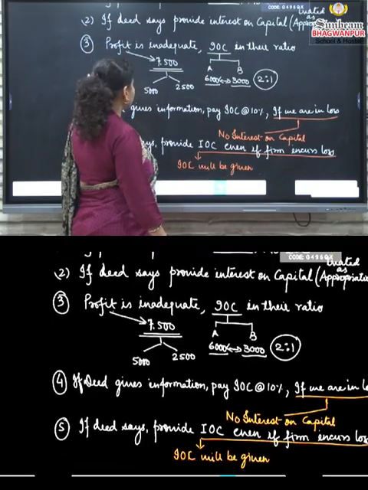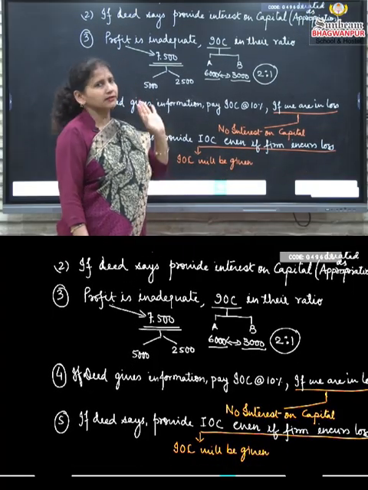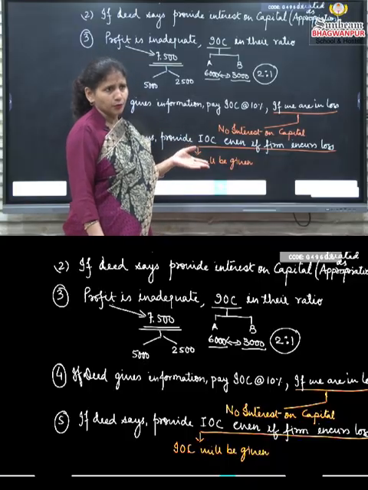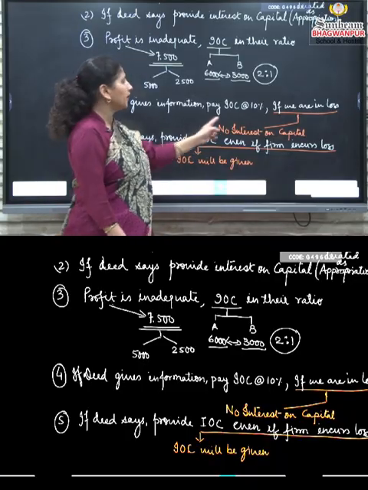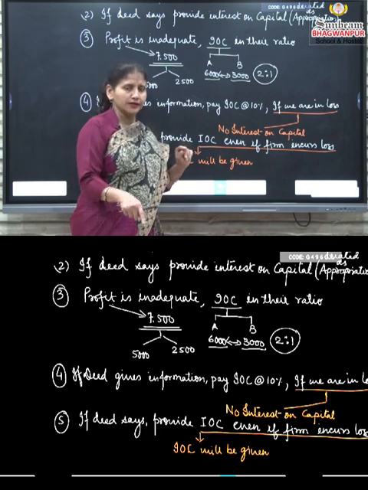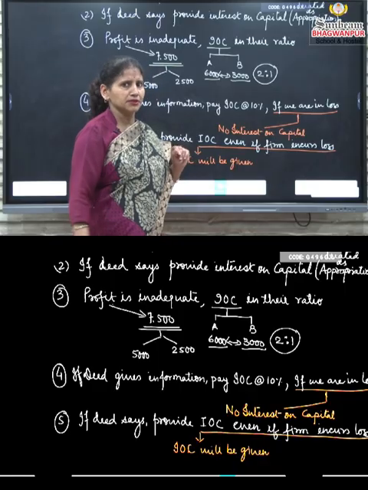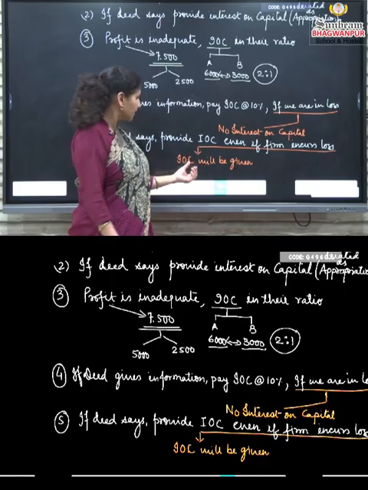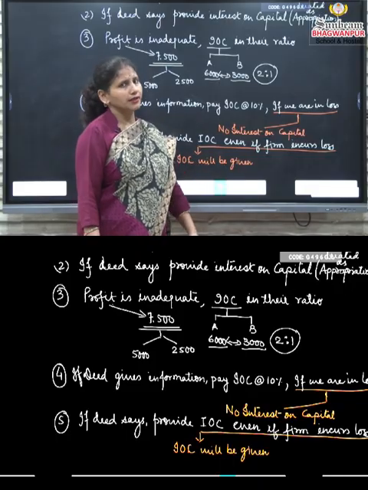If the deed says pay interest on capital at 10%, and we are in loss, then no interest on capital. And if the deed says provide interest on capital even if the firm is in loss, then we do not have any choice, we have to pay interest on capital.